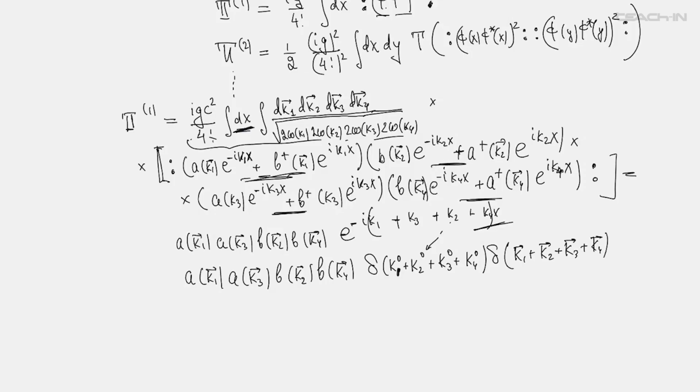So if you take outside 2, 2, 2, and 2 here, you will get a prefactor i g c to the power squared divided by 4 multiplied by 4 factorial. And then from the delta function, you get 2 pi to the power 2.